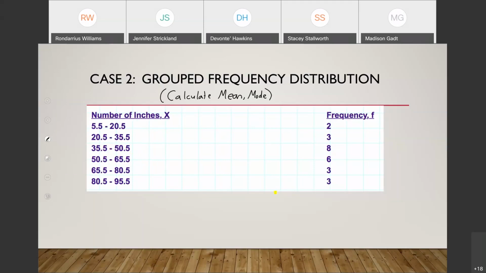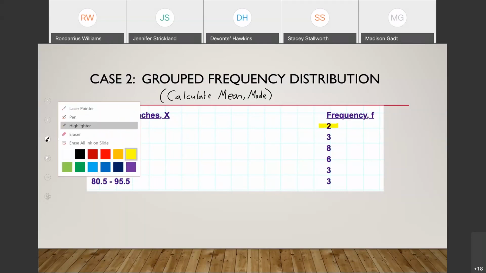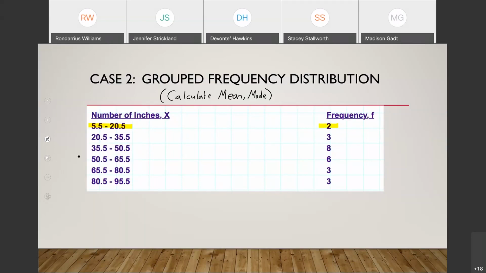If I look at one row of this, for example that first row, what does it mean that I have a 2 under the frequency column? Where would that have come from if I was making the distribution myself? Why would there be a 2 there?